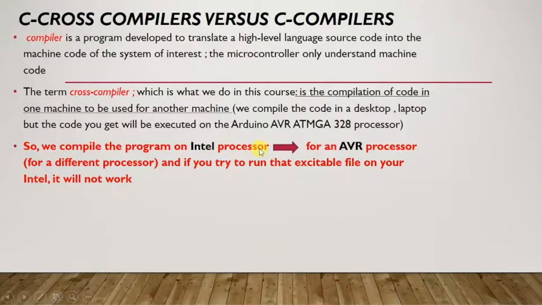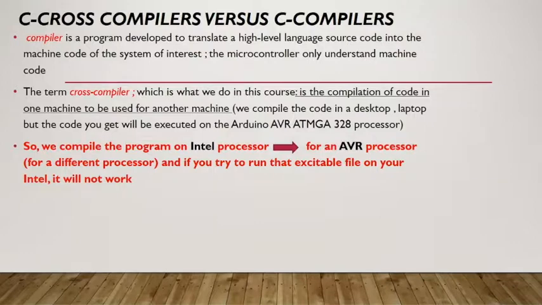Then we take the result of the compilation. We use the machine code produced from this compilation for another processor, the AVR processor, a different processor. So cross-compilation is the process of compiling on one machine for a target that is another machine.